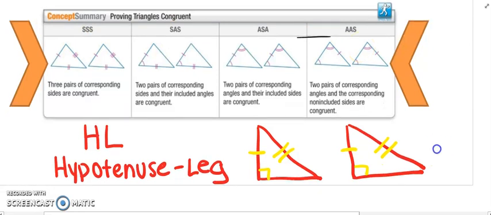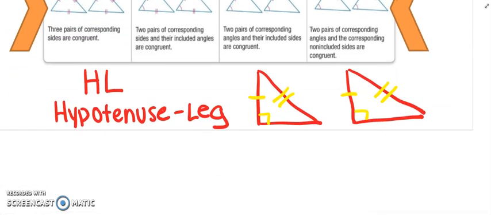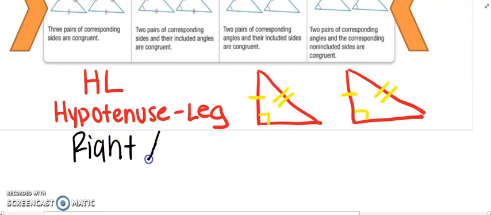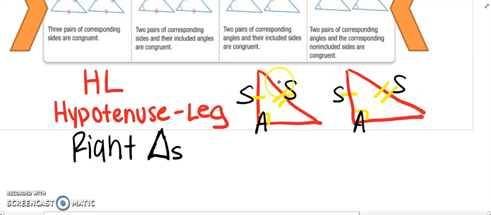But there is actually a fifth. This is the one exception to where we said we can't spell a bad word. This is hypotenuse leg. This only works on right triangles, because that's the only kind of triangle that has a hypotenuse. Remember, your hypotenuse is always across from your right angle. So if I know I have a right angle, it has to be a right angle though, and if I know I have a hypotenuse, which is a side, and if I know I have a leg, which is a side, it does spell a bad word.